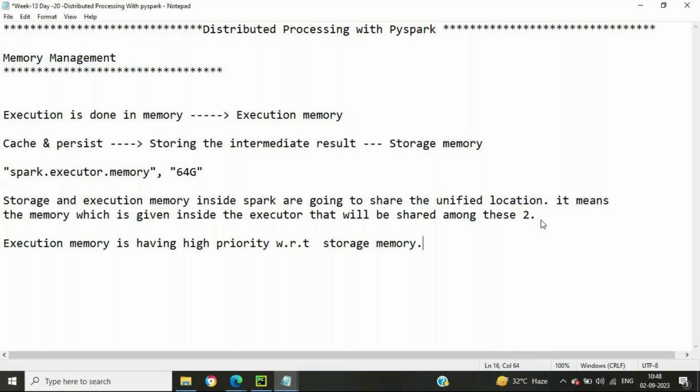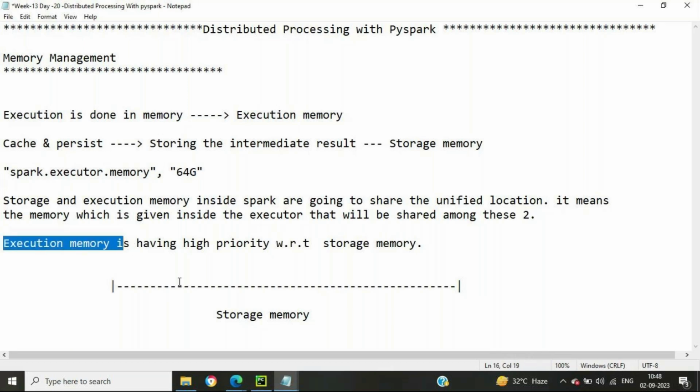Okay, so what is happening? Say this is the complete memory we have, and say this particular part is utilized by storage memory.